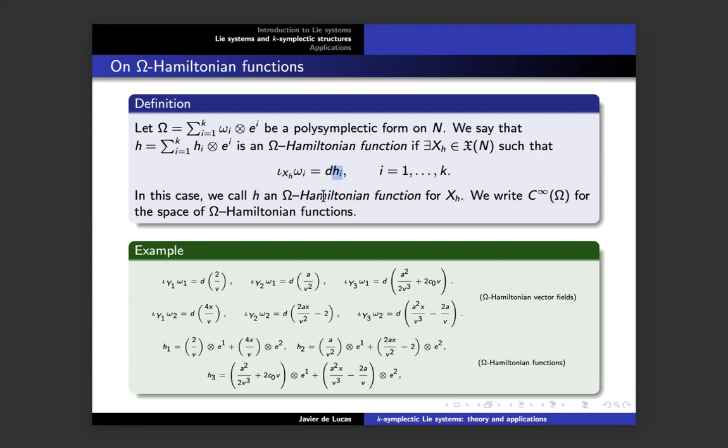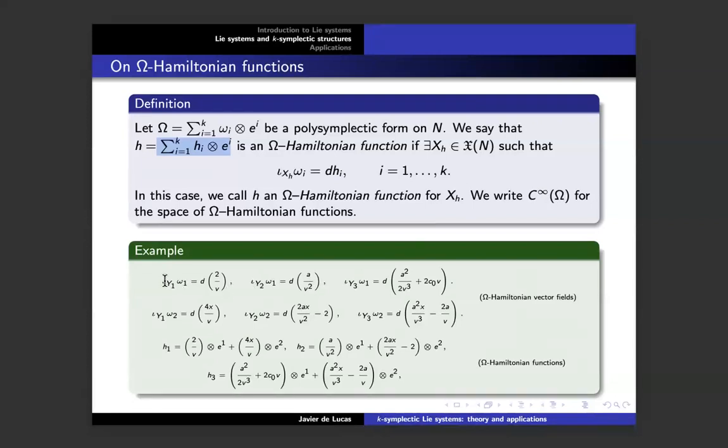Now, when you have a Hamiltonian vector field, as I said, this thing that gathers together all the Hamiltonian functions of your Hamiltonian vector field relative to a k-symplectic or polysymplectic form is called an omega Hamiltonian function. And C infinity omega is the space of all these omega Hamiltonian functions.